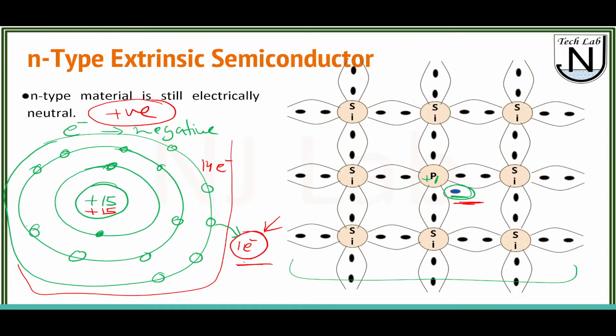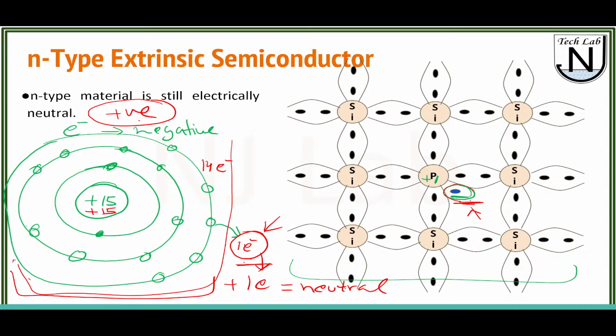So in all, this positive part plus one free electron makes our crystal neutral, right? So even if we have free electrons, it does not mean that our material, n-type material, becomes negative or becomes positive, right?